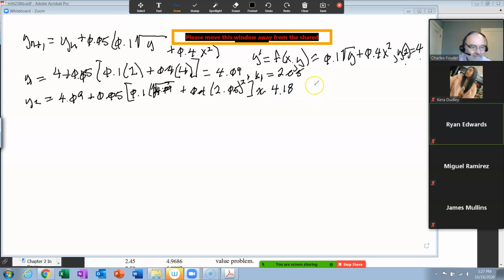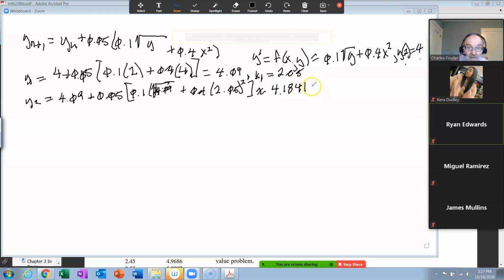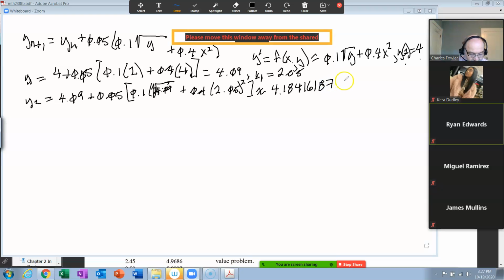Okay, now looking above, that is very close to what we had there. It's not just 4.18, it's 4.184161 and 0.8742. Now you don't need that many digits, but I just wrote them down. That's your y2.